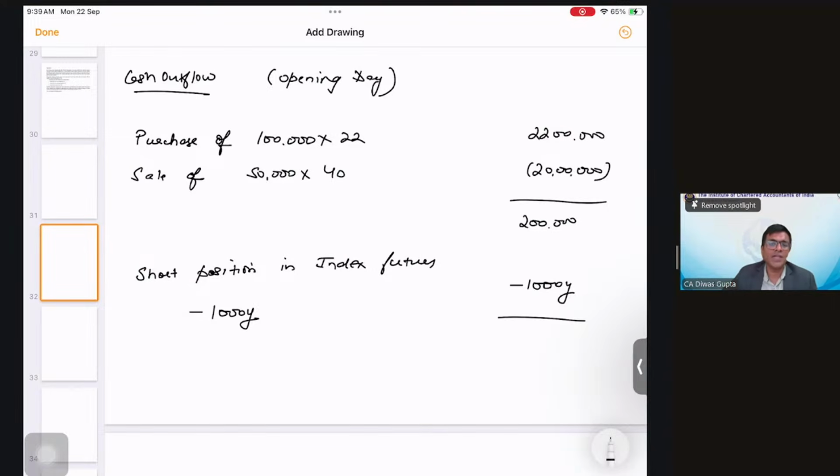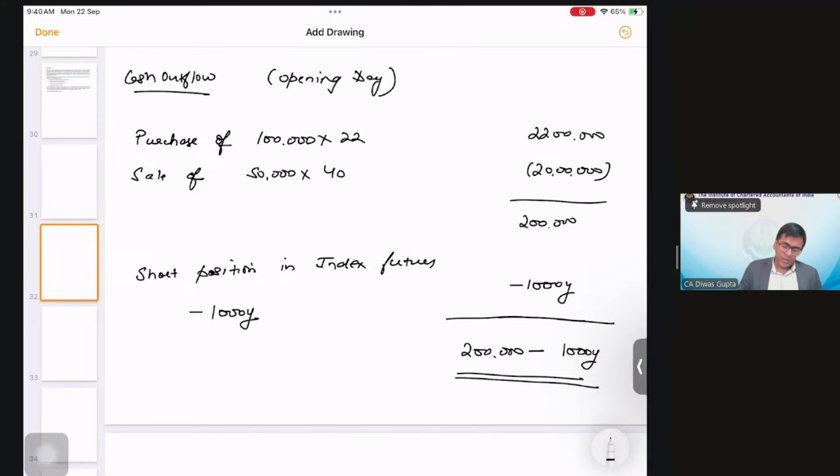Hence, we are taking the complete 1000Y here as the outflow, and whatever will be the inflow towards the end of the expiry, that we will be taking completely after reducing the price movements. Okay. So this becomes 2 lakhs minus 1000Y.